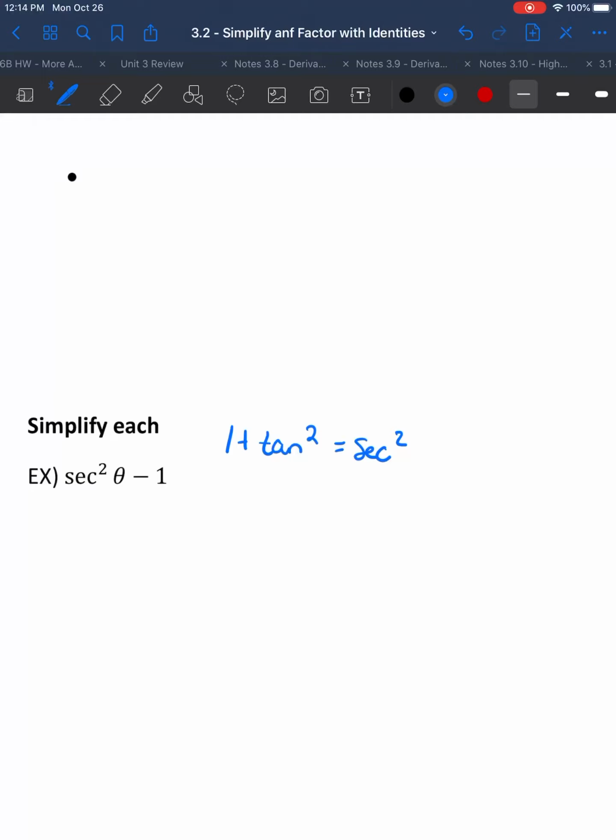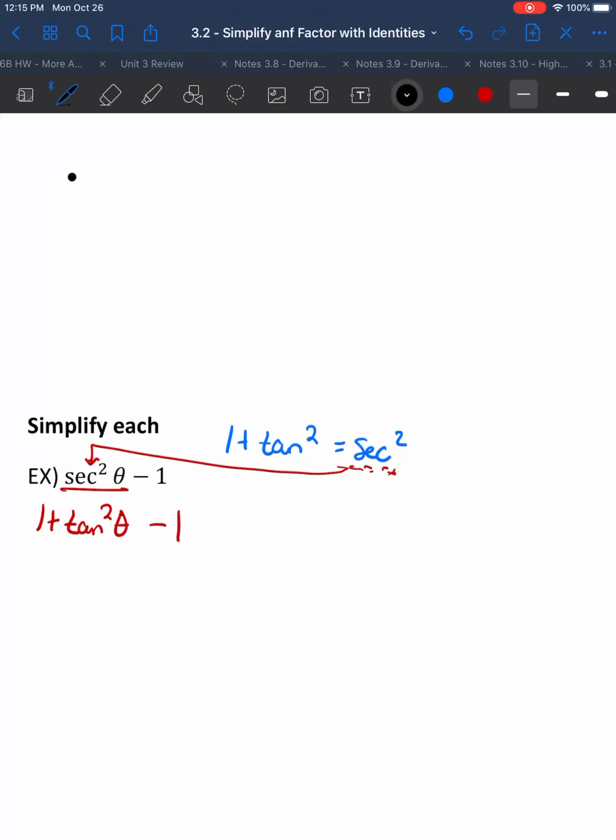Well, can I replace secant squared with what it equals? Yes, because I have an identity that says this. So secant squared is 1 plus tangent squared. That's that part. But then I still have minus 1.